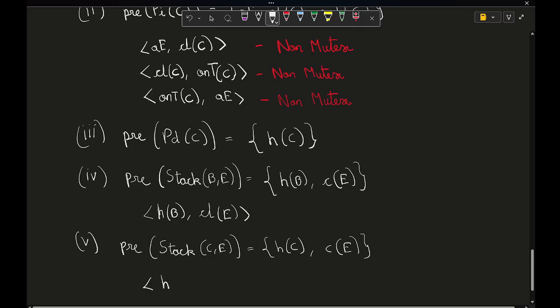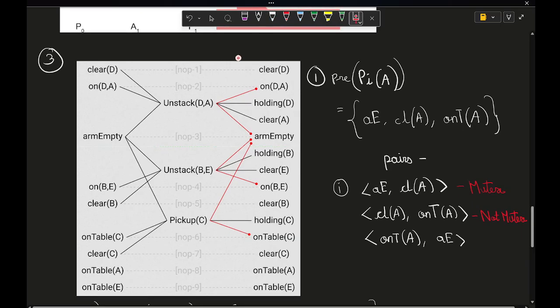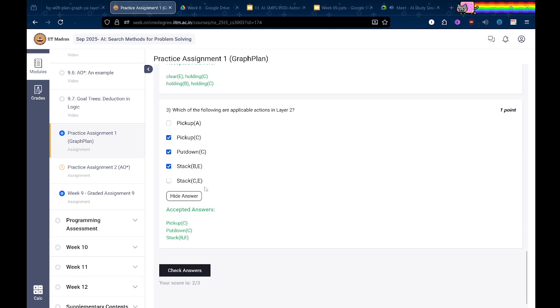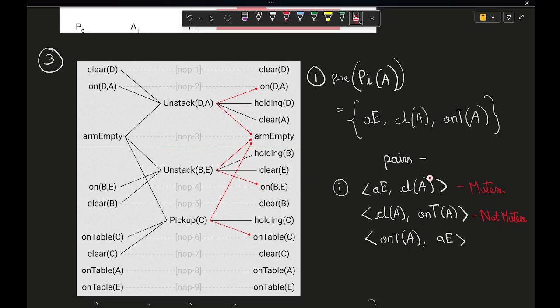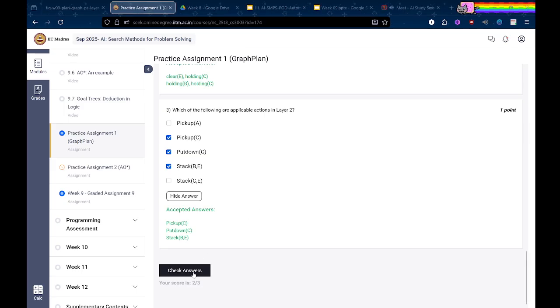So holding C and clear E, which basically becomes: holding C is being added by this and clear E is being added by this, correct? These two are mutex. And these two are mutex. We already know that from solving earlier. So that's why this is also non-applicable.